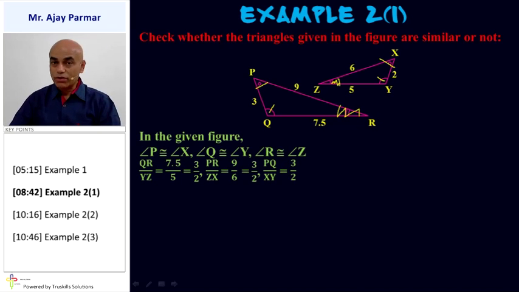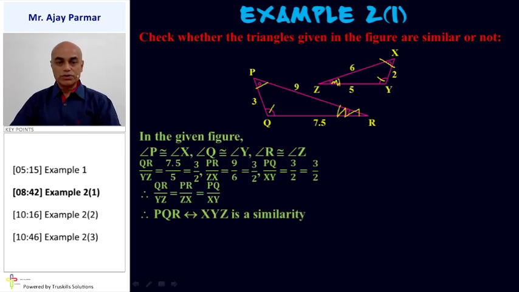So all the ratios are 3 upon 2. That means we can say that QR upon YZ is same as PR upon ZX is same as PQ upon XY. And therefore, PQR corresponds to XYZ is a similarity. So the triangles are similar in this condition.